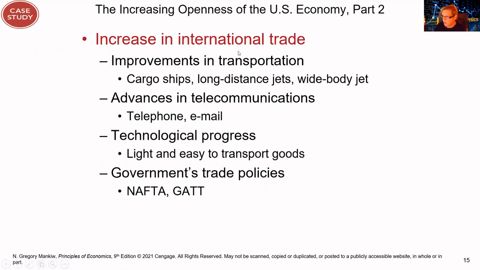And there is an increase in international trade, both U.S. and the world. So again, transportation becomes cheaper. Telecommunications, if you're working from home, as I'm currently doing, facilitates communication.